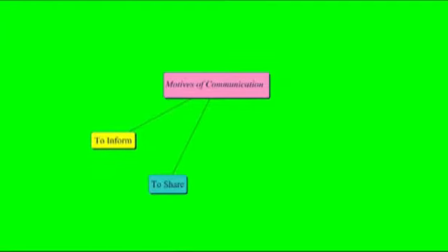To share, साझा करने के लिए. Actually, the word communication developed from the Latin word communis, that means to share, मतलब साझा करना. This is the very basic and very prominent motive of communication.